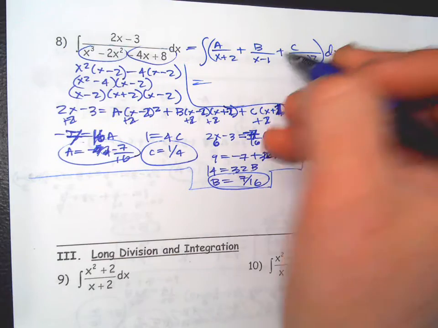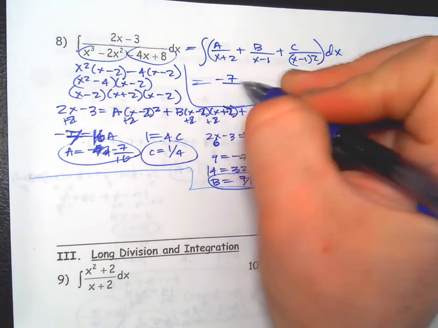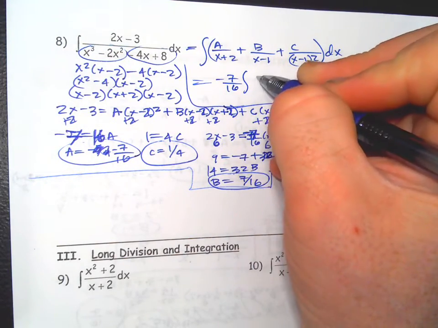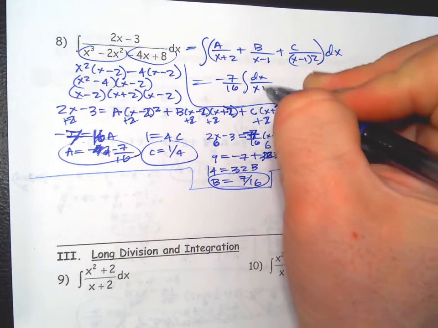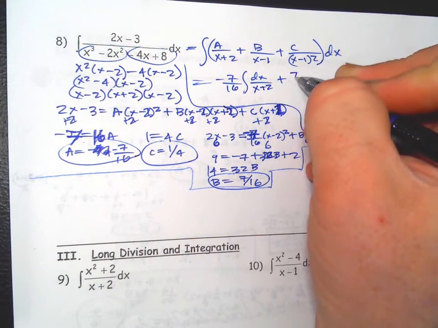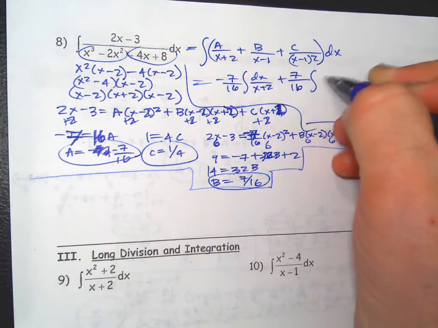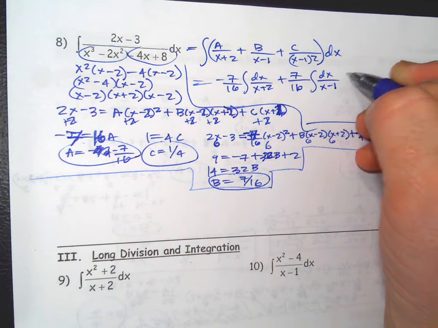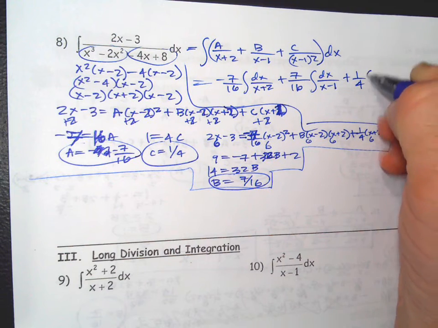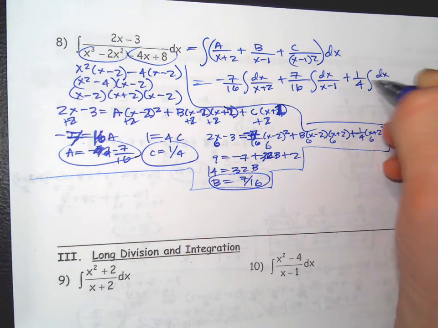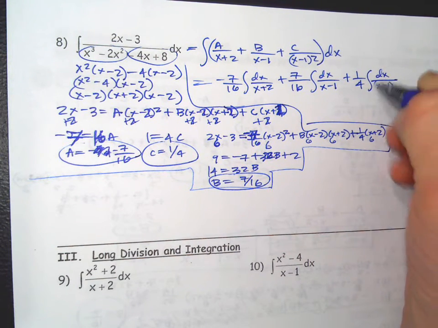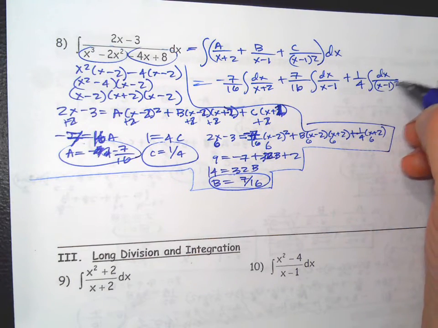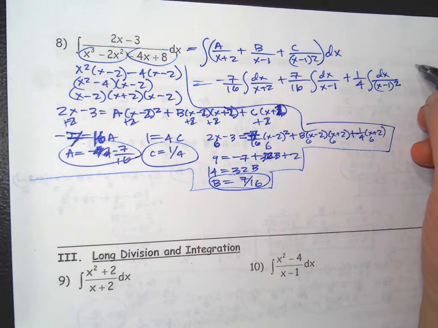Okay, so go back up here. It's going to be -7/16 dx over x plus 2 plus 7/16 dx over x minus 1 plus 1/4 dx over x minus 1 squared. This is going to be a power law, right?